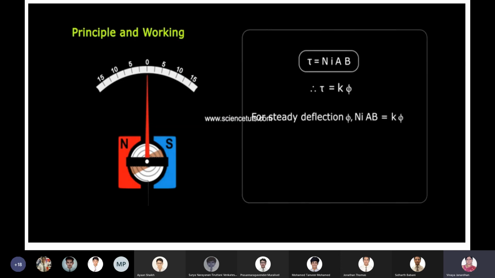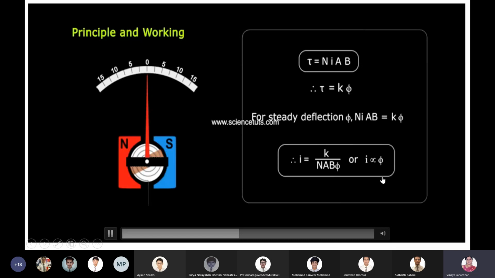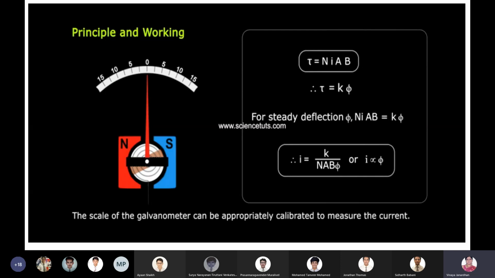For steady deflection phi, NIAB equals K phi. Therefore, I equals K by NAB phi, or I is directly proportional to phi. The scale of the galvanometer can be appropriately calibrated to measure the current.